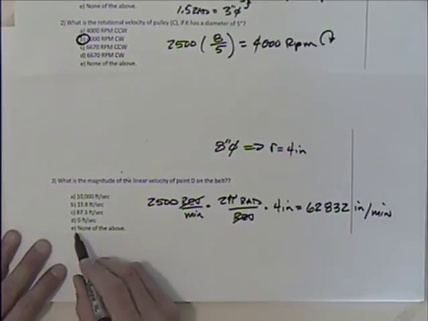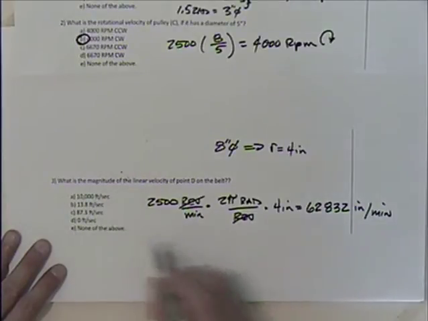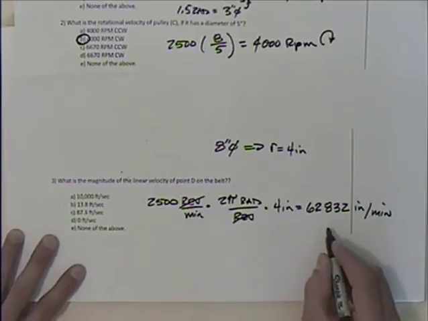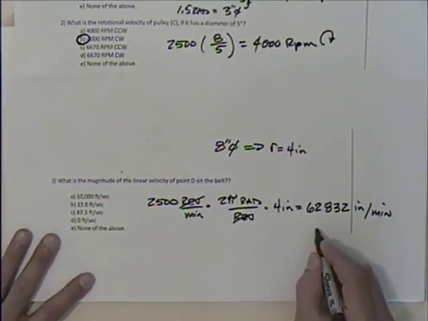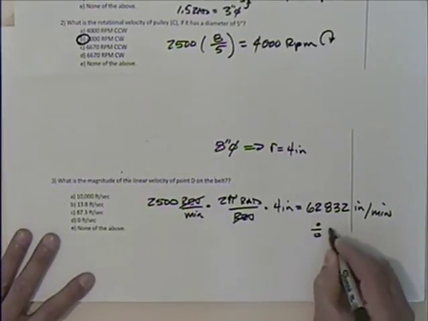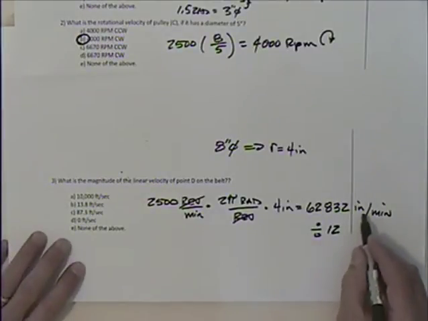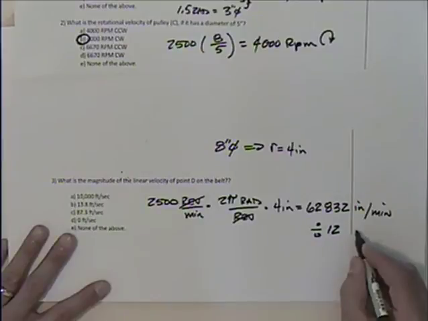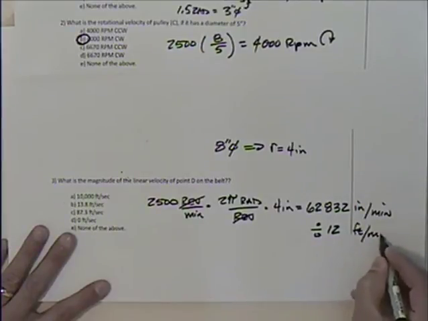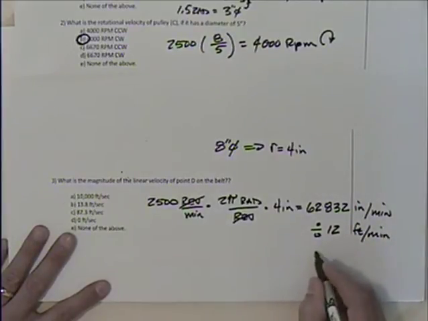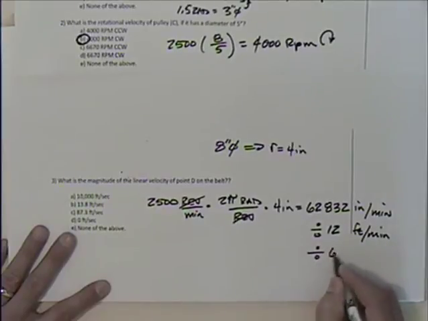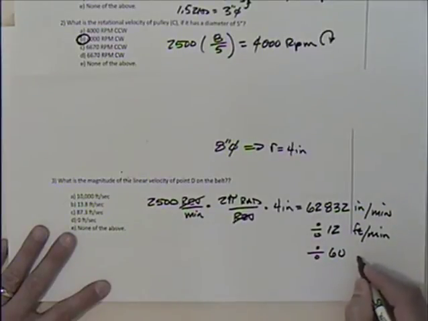So before I go and hit number E, I'd probably better explore feet per second. So if I divide this by 12, I'm going to get feet per minute. And if I divide by 60, that would give me feet per second, wouldn't it?